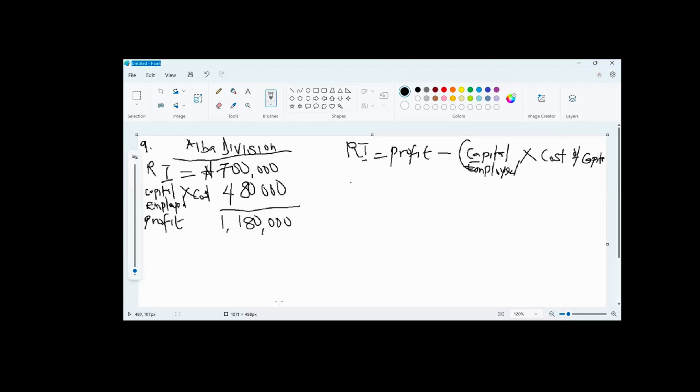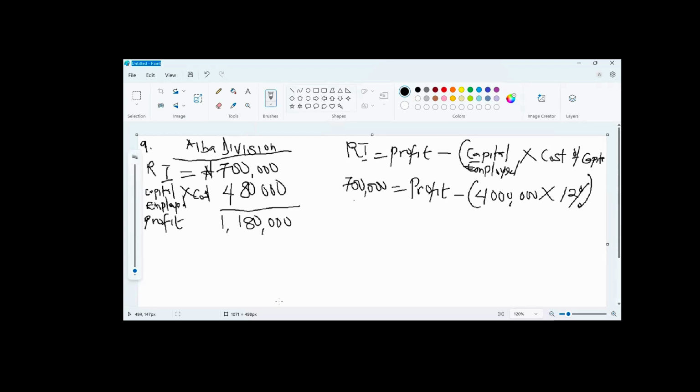We are told the residual income is 700,000. I don't know the profit yet, but I know the capital employed is 4 million and the cost of capital is 12%. What is the profit? Just do a walk back.